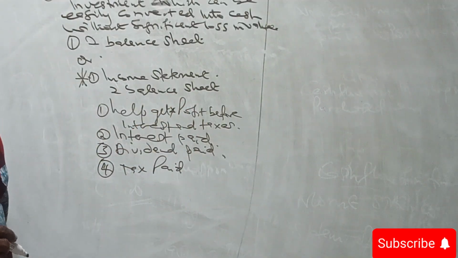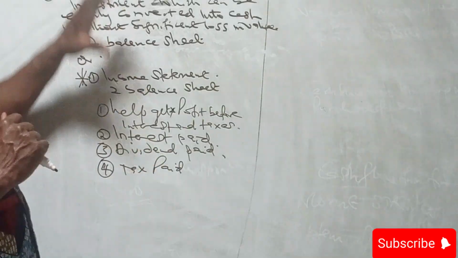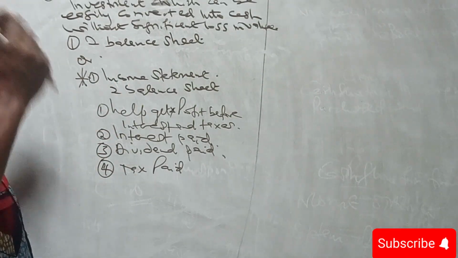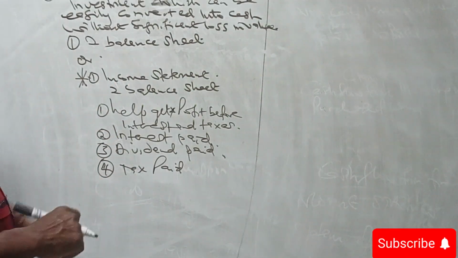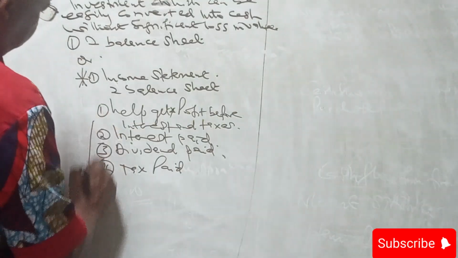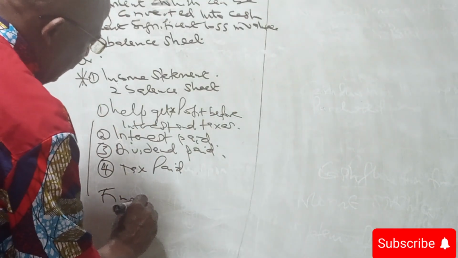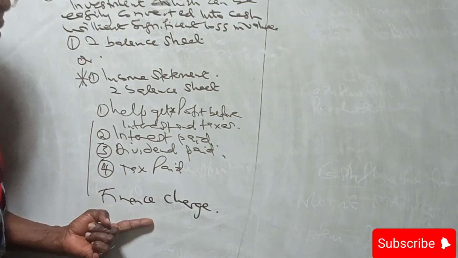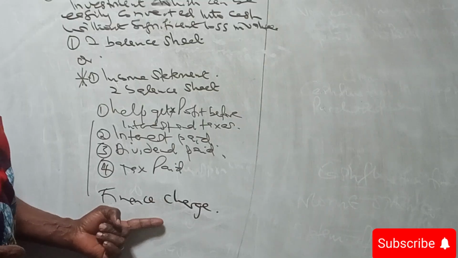To start your statement of cash flows, where you find within the income statement a finance charge, anytime you find a finance charge in the income statement, you must know that you are referring to interest.